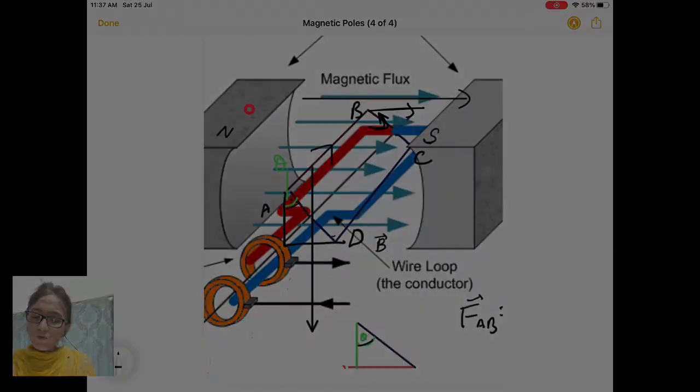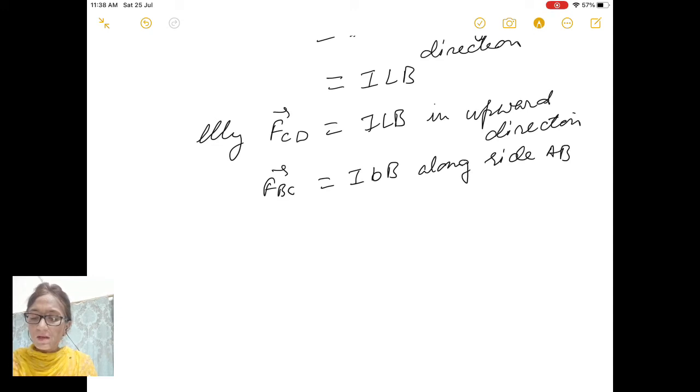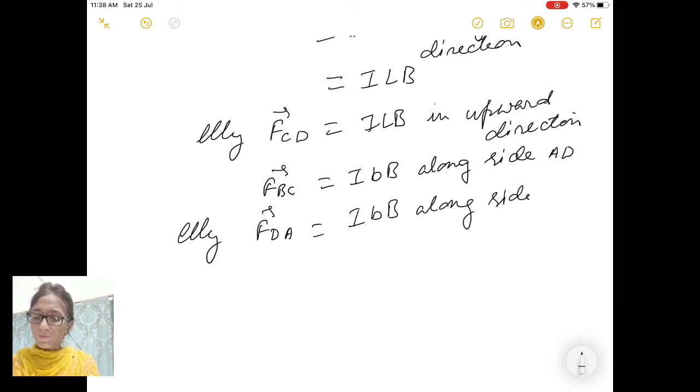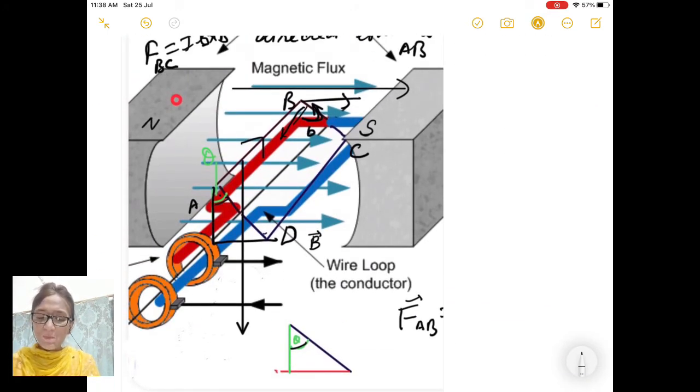So if you try to find the force on the BC arm, it is equal to IBB along side AD, and similarly you will find the force on the DA arm, and this will be equal to IBB only along the upper side, this side BC.